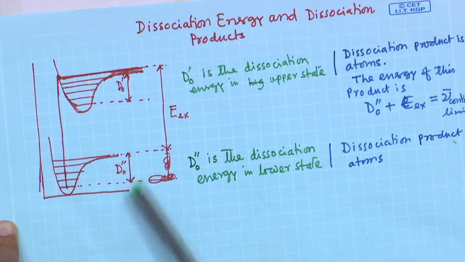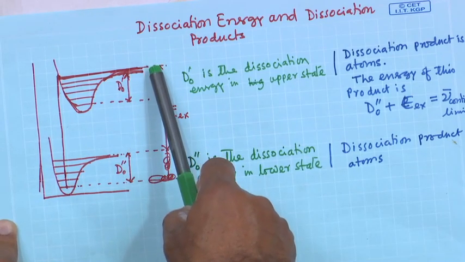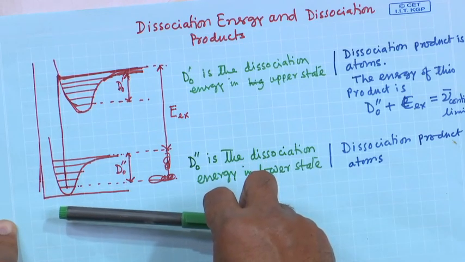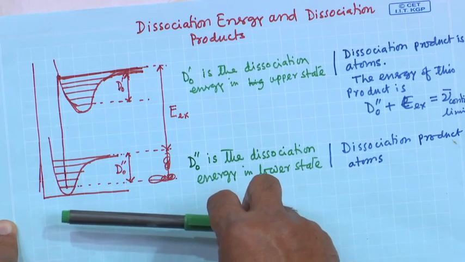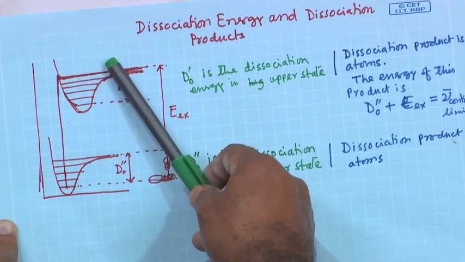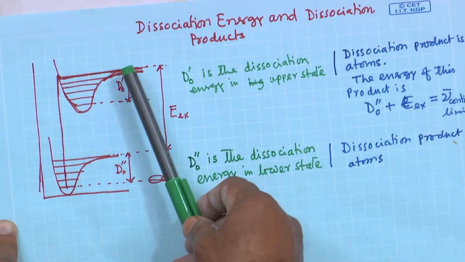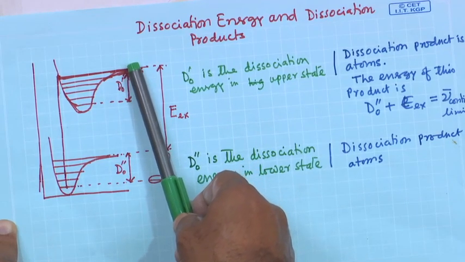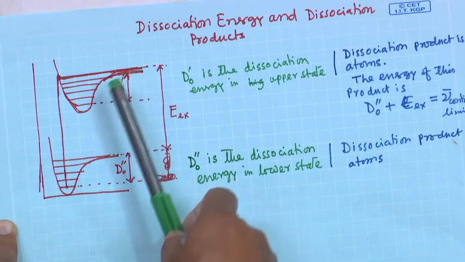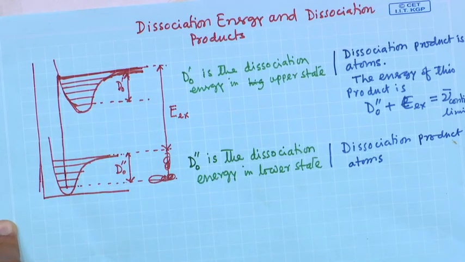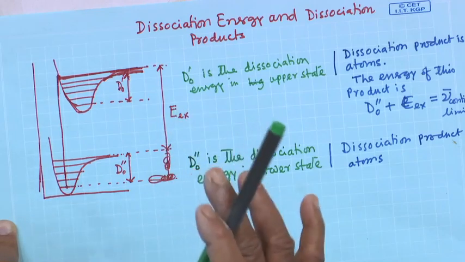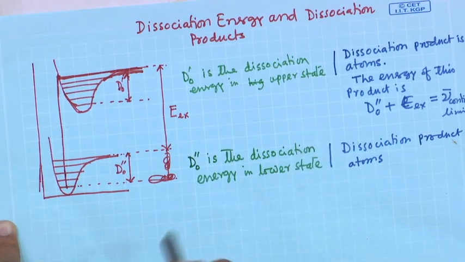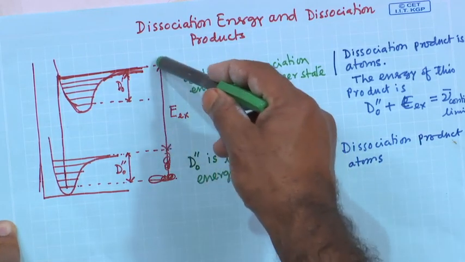But the energy in this case, as I mentioned, involves going from this electronic state to the next higher electronic state as well as the vibrational change. So, in that case the total energy is basically the energy difference between the dissociation products. That means the energy difference will be this one.